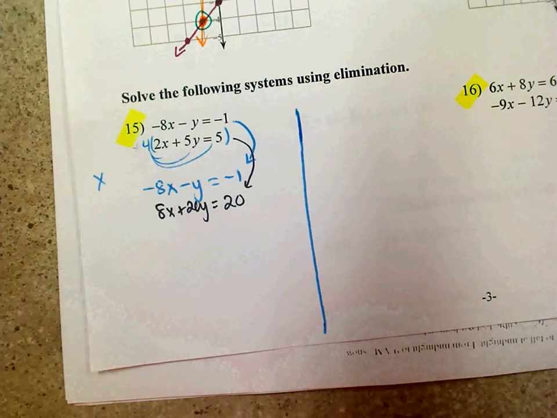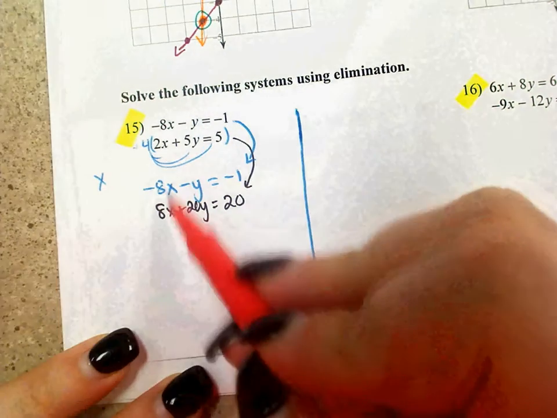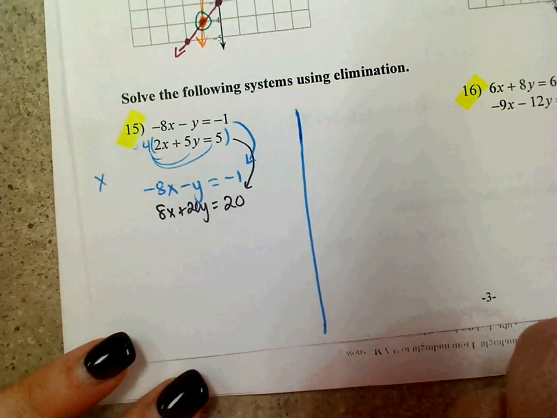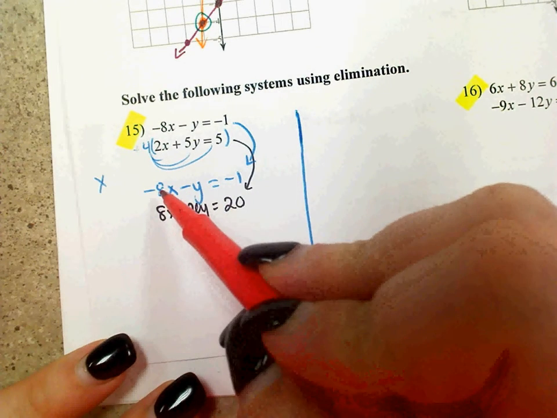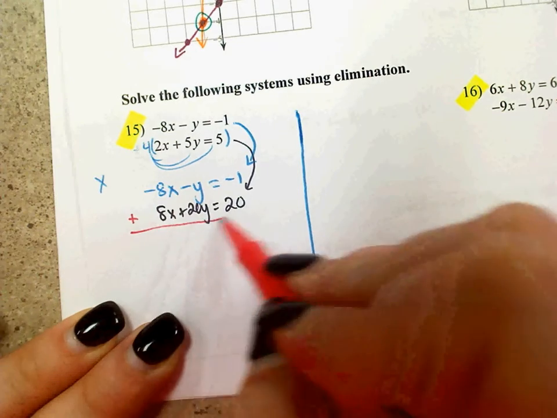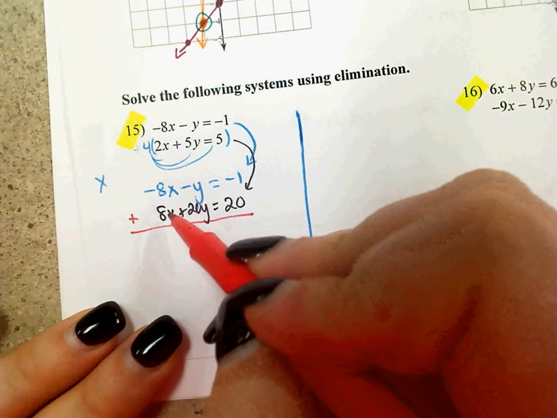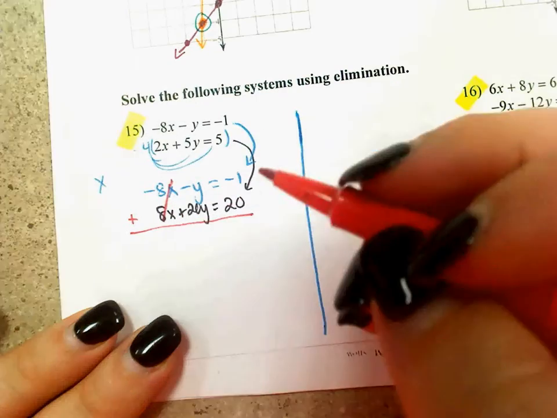Okay, so I have made it to where one of the variables, in both equations, has the same absolute value, but one of them is negative, one is positive. So we're going to add the two equations, and I've got -8x plus 8x, and that gives me 0.